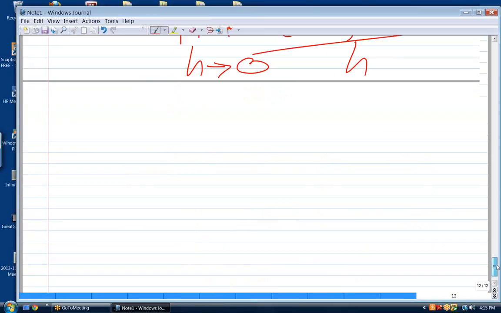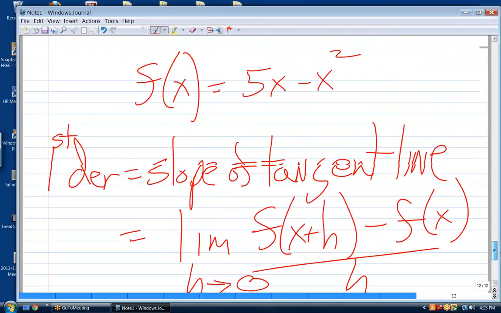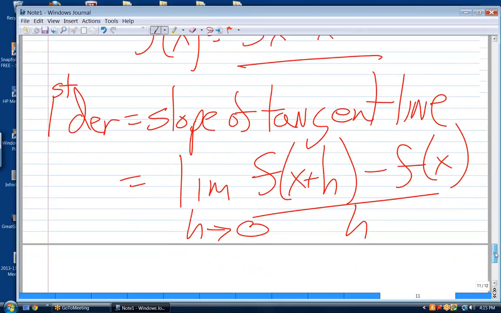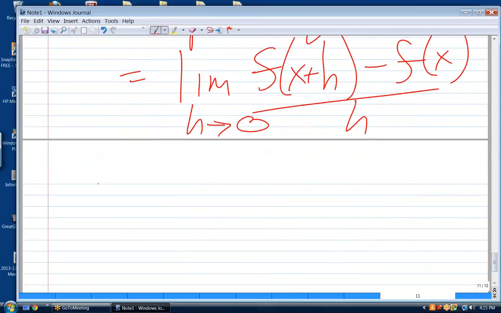Does that look familiar? Okay, so if our function is that, what is this limit quotient?